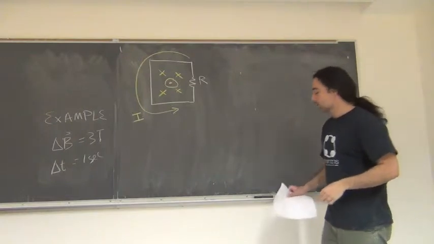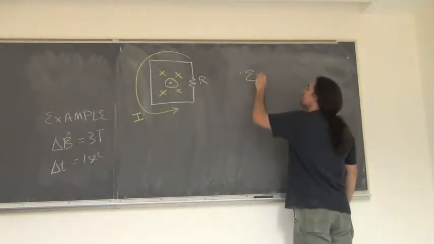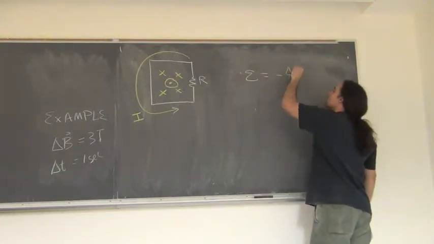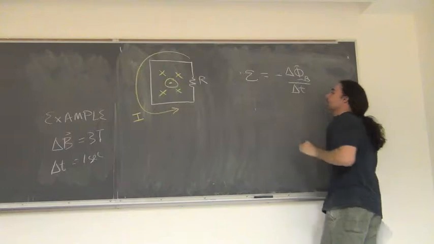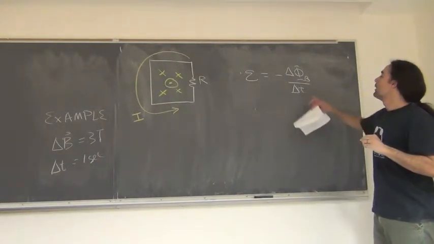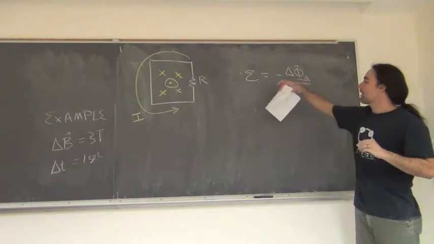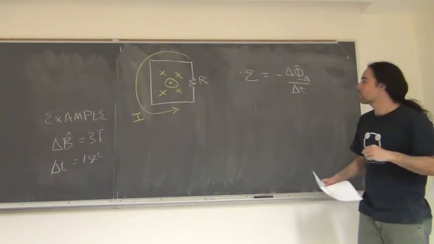The next thing I want to do is use Faraday's law to figure out how much electromotive force we actually have. So I'm going to plug some numbers in here.